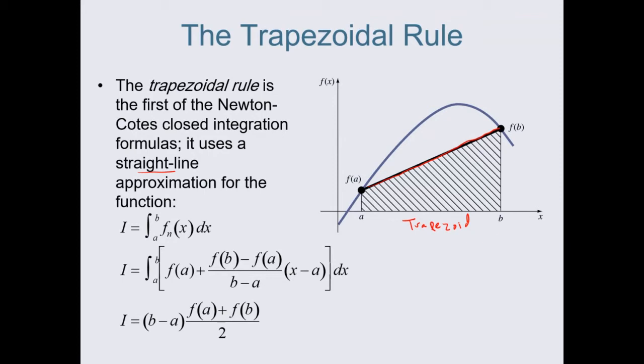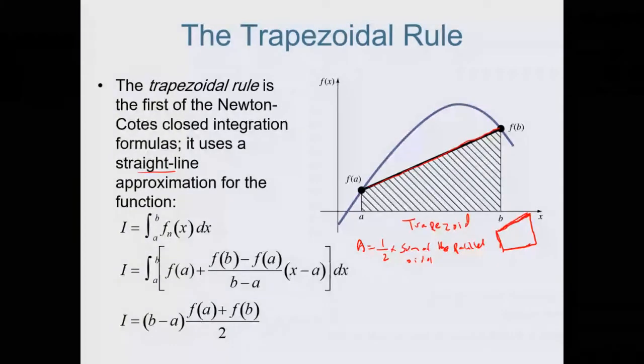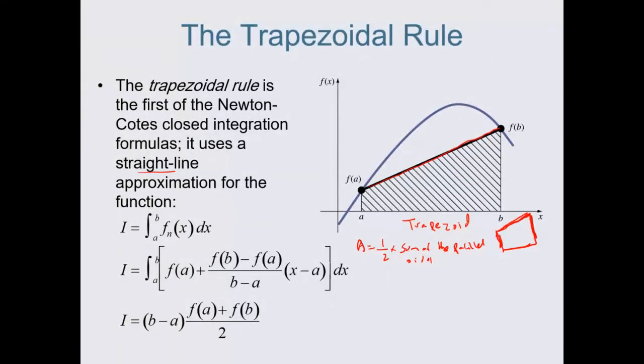We call this shape a trapezoidal shape, and it has an area given by half multiplied by sum of the parallel sides, which are these two, multiplied by the base. That's the base. So that's the area of the trapezoidal.